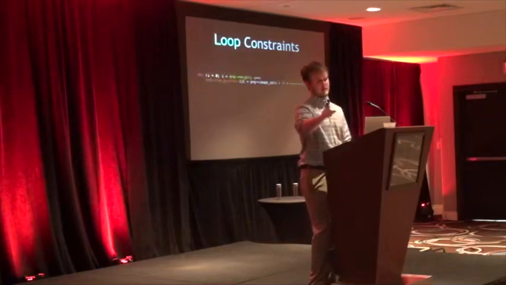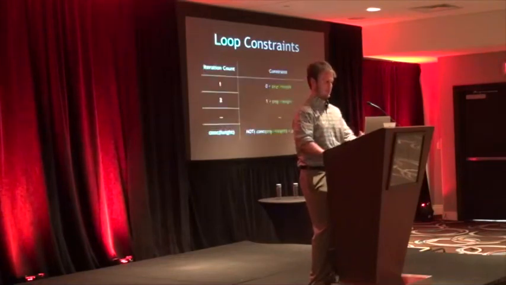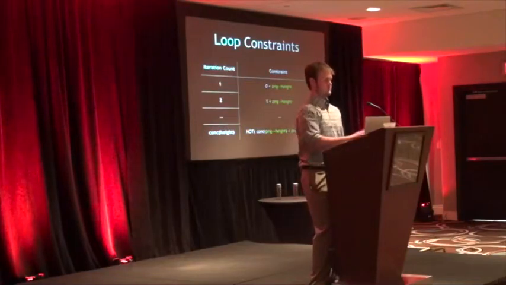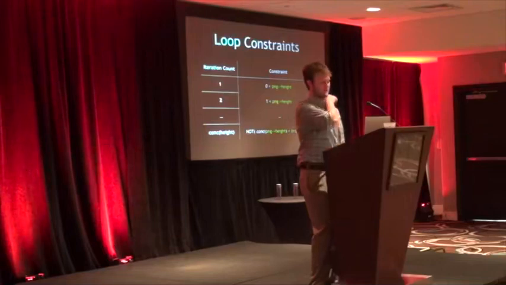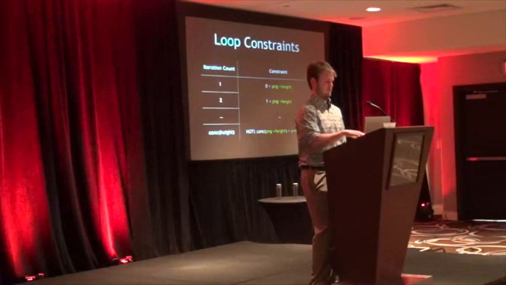Keep in mind that I is incrementing by 1 every single time this loop happens, and that's why we have different values on the left-hand side of the inequality. Eventually, when that loop terminates, we're also going to have a constraint that says, hey, the actual height that was in the test image is not less than the actual height of the PNG.